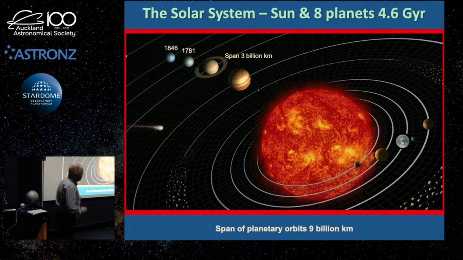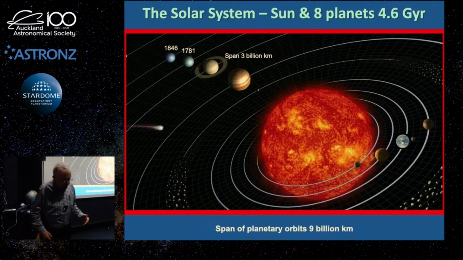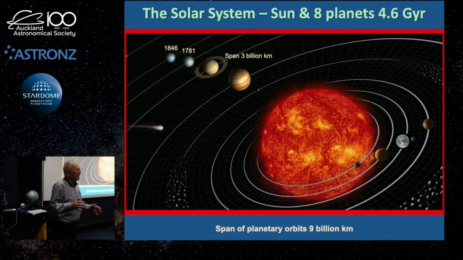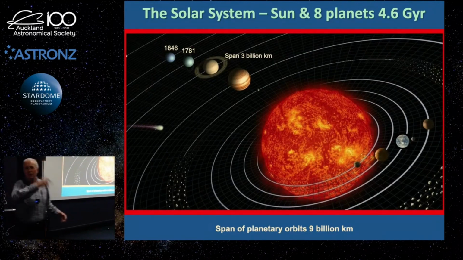Then in 1846, about that time, some people had noticed that the orbit of Uranus was slightly out of kilter. Something was going on. And they had concluded that somewhere out there must be another large planet that's disturbing the orbit of Uranus.